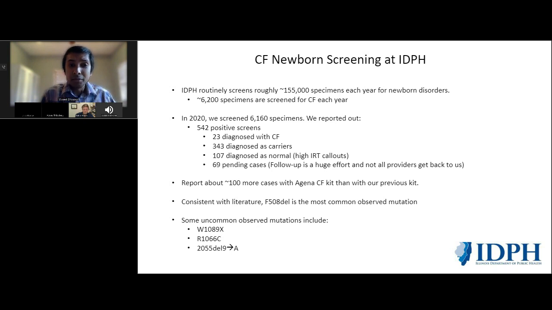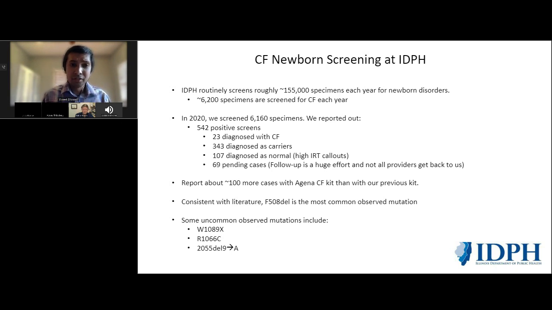We try to make sure all the data is complete for every positive screen that we do call out. So keep in mind, we are performing newborn screening here at IDPH. It's not diagnostic testing, right? It's a screen. So when we report out these positive screens to the hospitals and providers, it's still unto them to do that diagnostic follow-up.